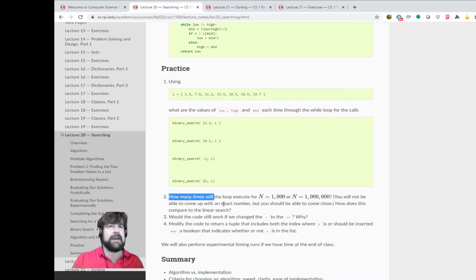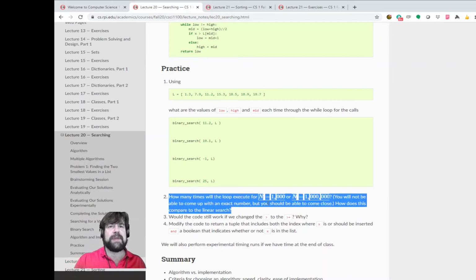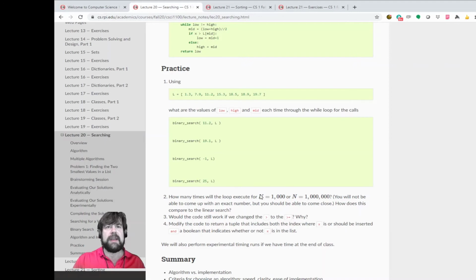This question, right? You don't have to come up with an exact number, but if we're dealing in a log regime, you would expect, 1,000. Well, next power of 2 is 1024, right? So you have 2, 4, 8, 16, 32, 64, 128, 256, 512, 1024.